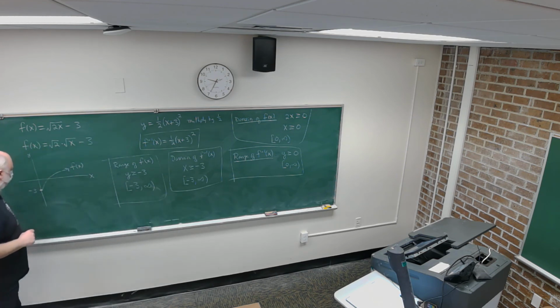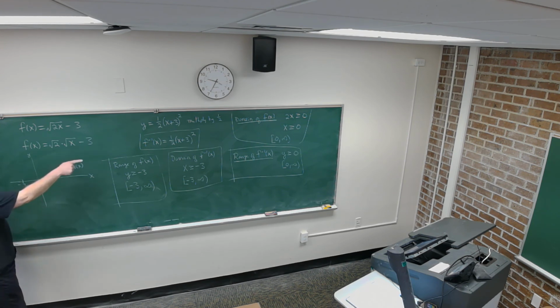The graph of f inverse, this is minus 3 on the x-axis, and at x equals 0, f inverse equals 9/2, which is like 4.5. And so the graph of f inverse looks like that.